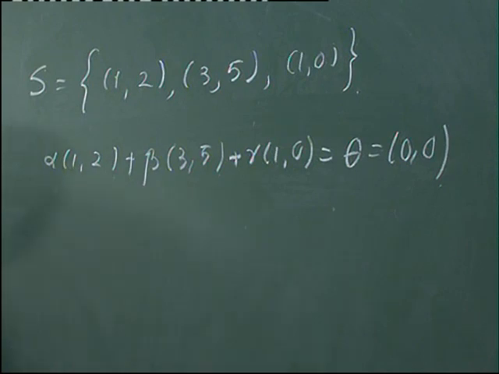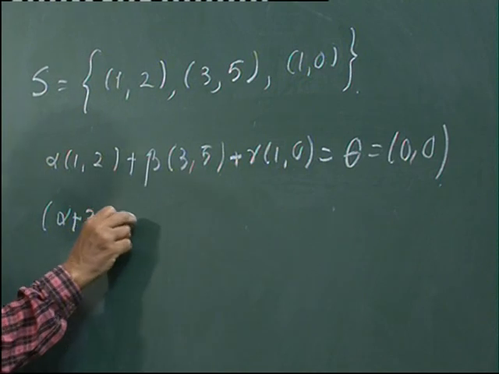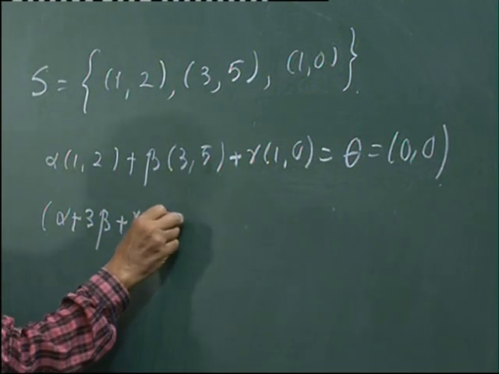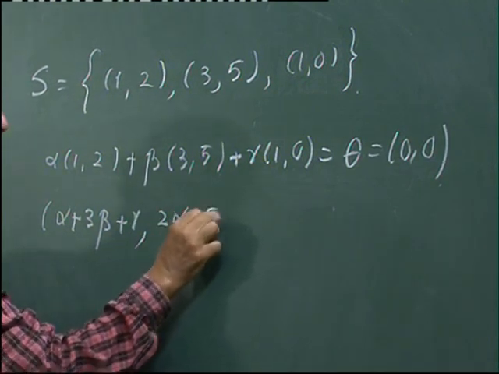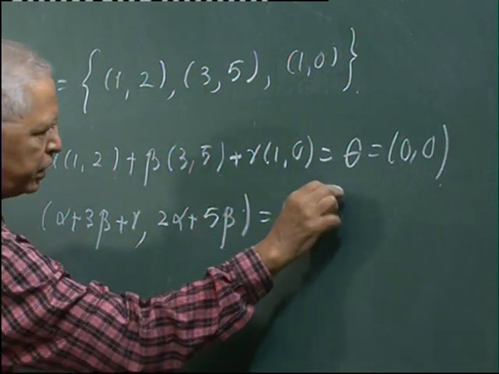And so what we get is (alpha plus 3 beta plus gamma, 2 alpha plus 5 beta) equal to (0, 0).